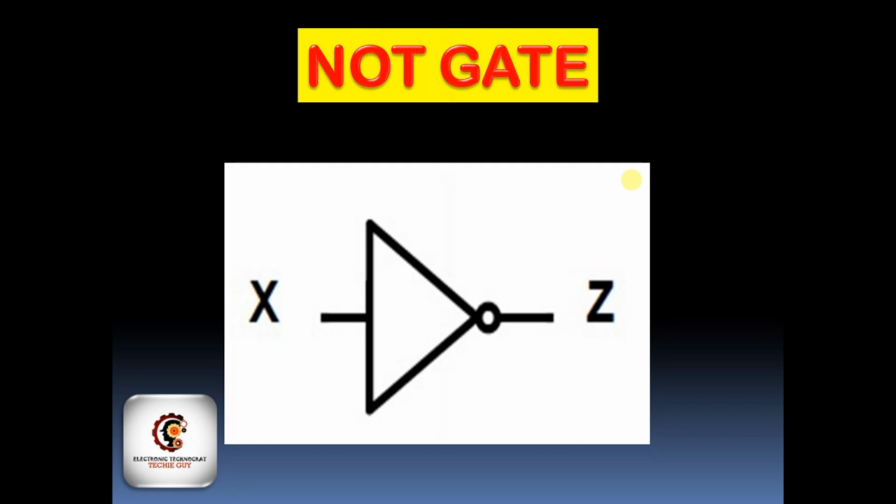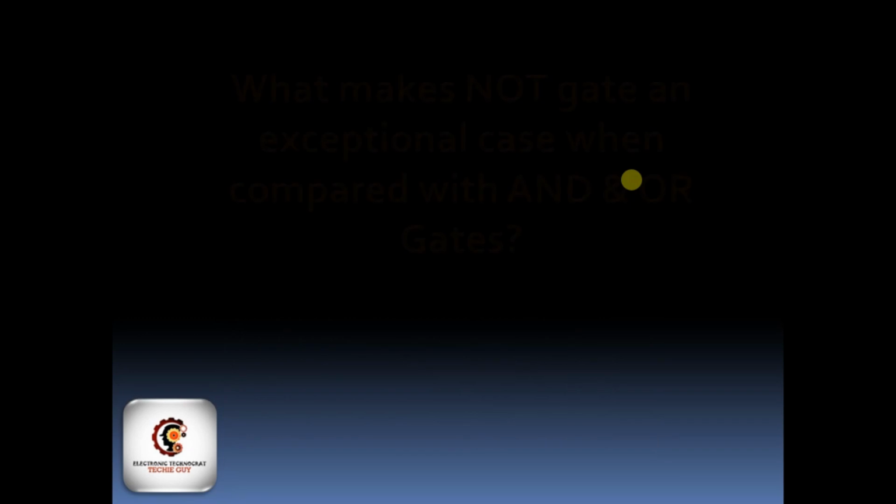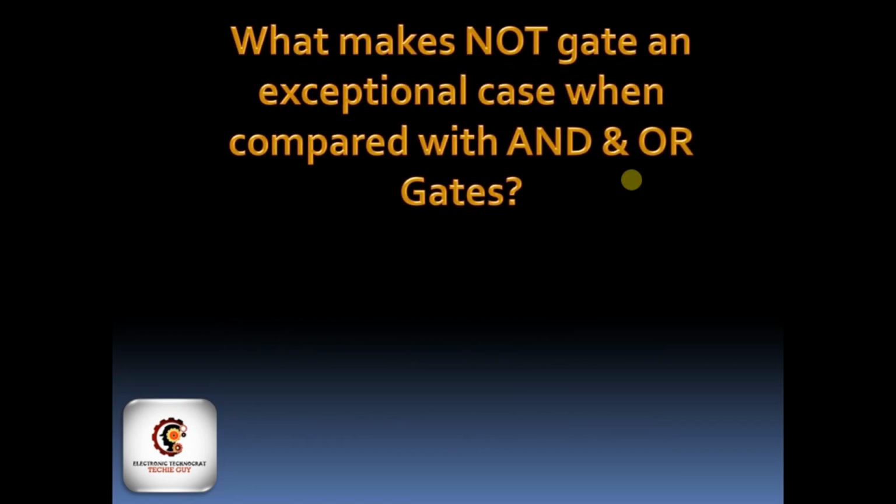So let's go. The first question that arises in our mind before we start the NOT gate is, what makes the NOT gate different, or an exceptional case, when compared with the AND and the OR gate?